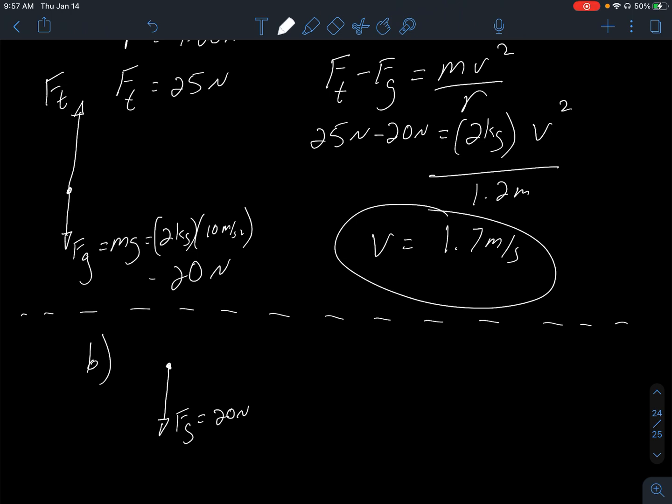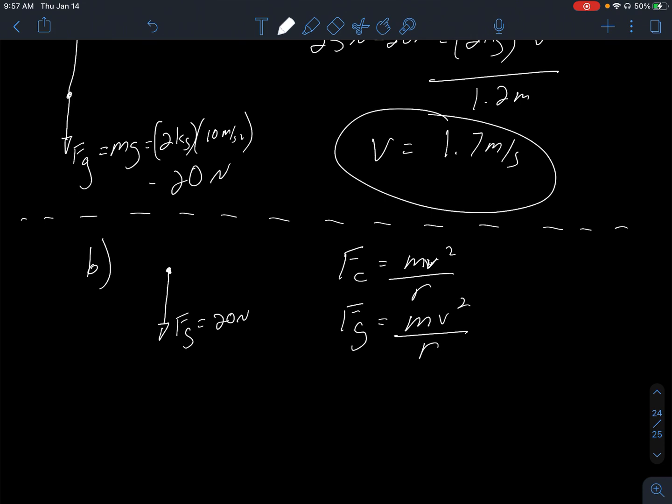So same scenario, except that we only have gravity, which was 20 newtons, 2 kilogram mass.